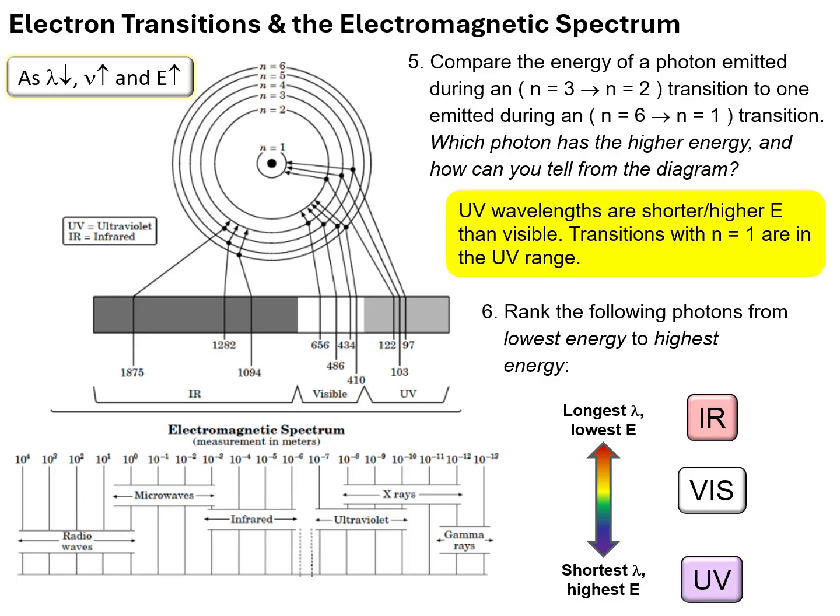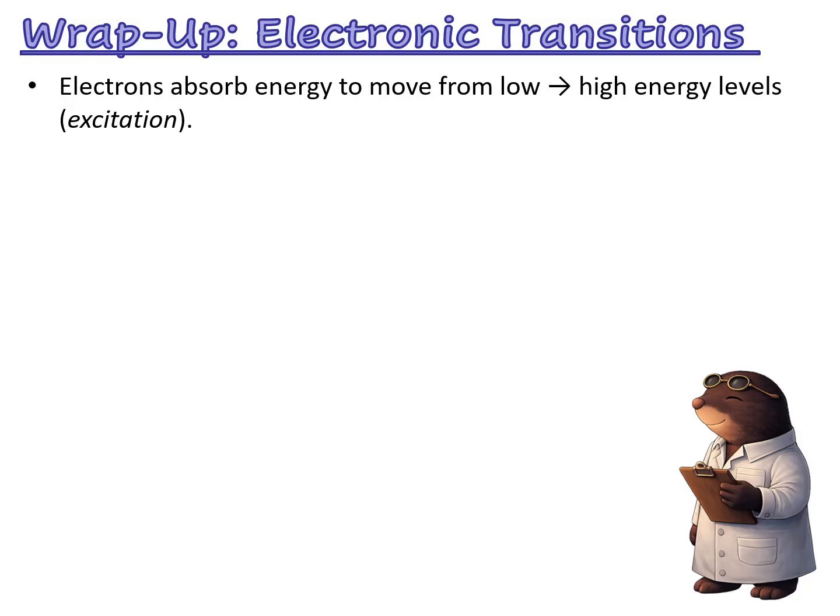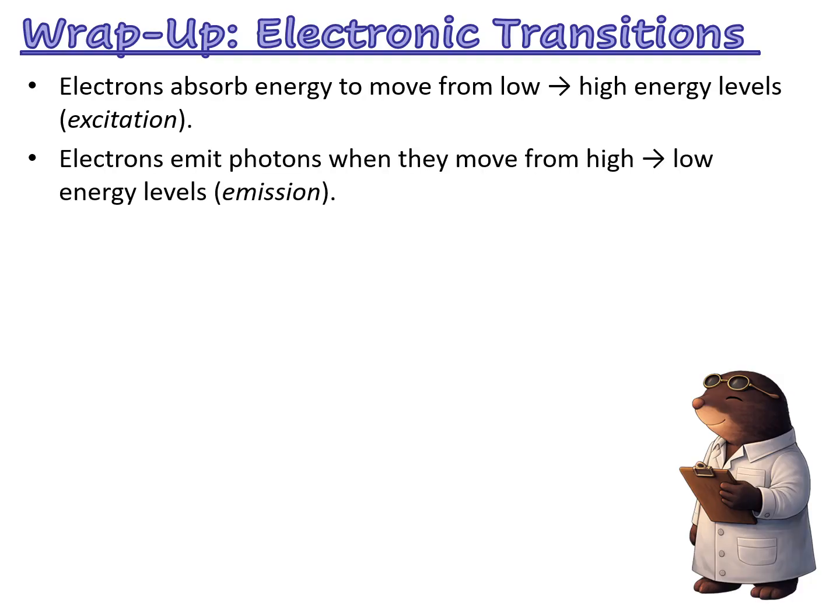All right, so that's it for this lesson. It's a real short one. It's all on just how to read that diagram. So wrap up. Electrons absorb energy, and they move from low to high energy levels. That's where you have excitation or absorption of a photon. Electrons emit photons when they go from high to low. Remember, high to low makes it glow. And that's where you have emission.